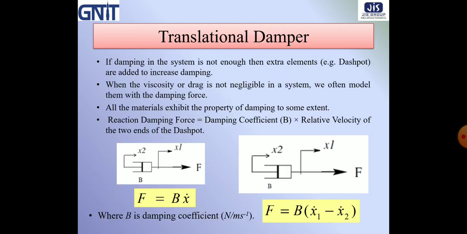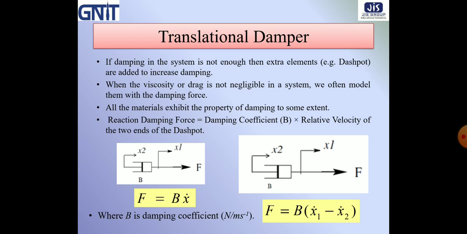Next is the translational damper. Now we all know that all materials have a property of damping to some extent, but when the velocity or drag is not negligible, that means there will be some friction, then we often model them with a damping force. Reaction damping force is equal to damping coefficient, that is capital B, into relative velocity of the two ends of the dashpot.